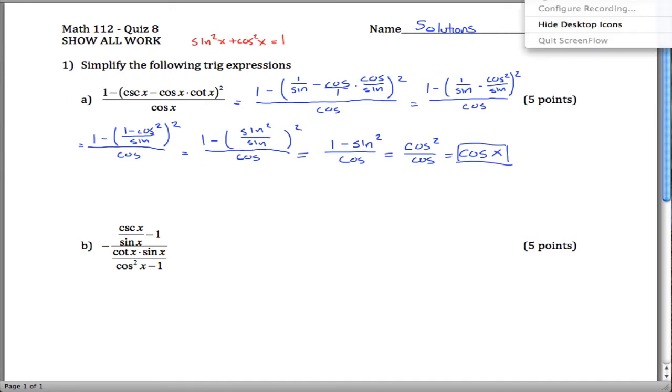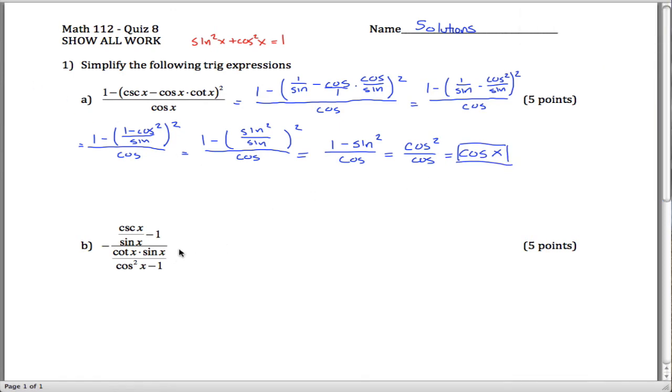And for the second one, I've got this negative out in front. That'd be easy to forget. Anyways, cosecant is the same as 1 over sine. So this is 1 over sine squared minus 1 divided by cotangent, which is cosine over sine.